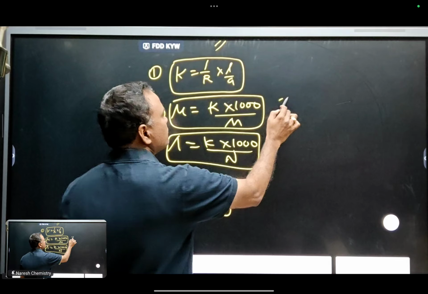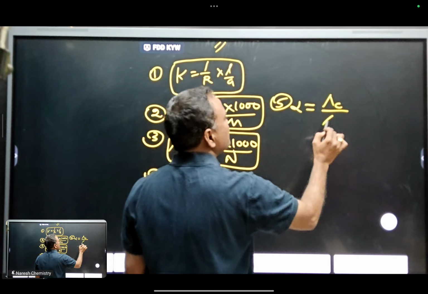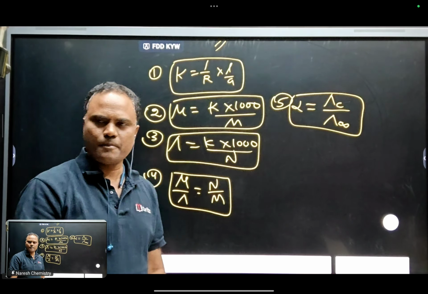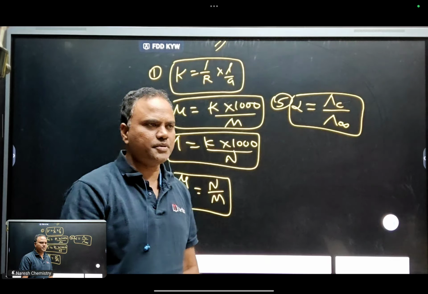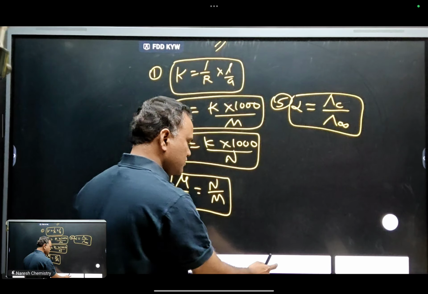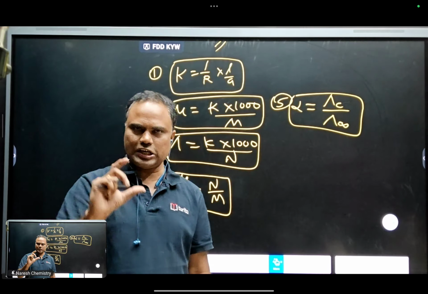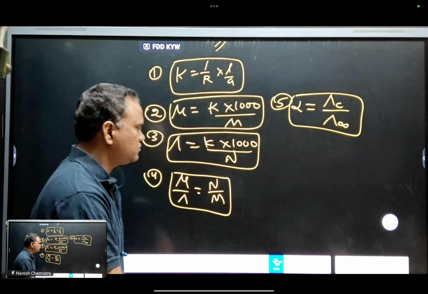And just now we completed what is alpha. Alpha is equal to lambda c by lambda infinity. Just now I gave this, right? And Kohlrausch law is the general expression. Okay, let us start questions on this. This is one part, the conductance part. After completing numericals, we will go to the next part.